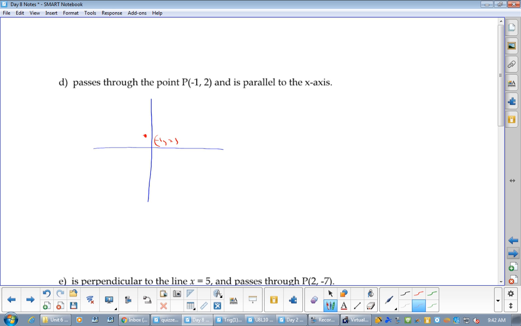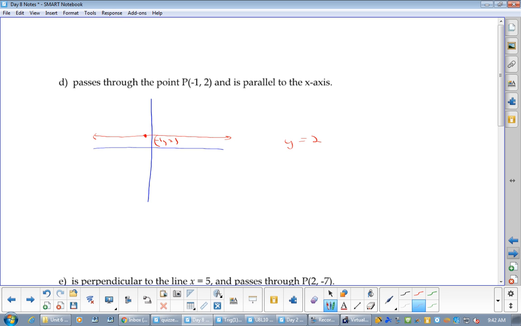And I am passing through it parallel to the x-axis. So what would be the equation? Y equals 2. Now, what would be the other distractors if this was multiple choice? X equals 2, but even a better one? Y equals negative 1 will be my biggest other distractor. Okay?